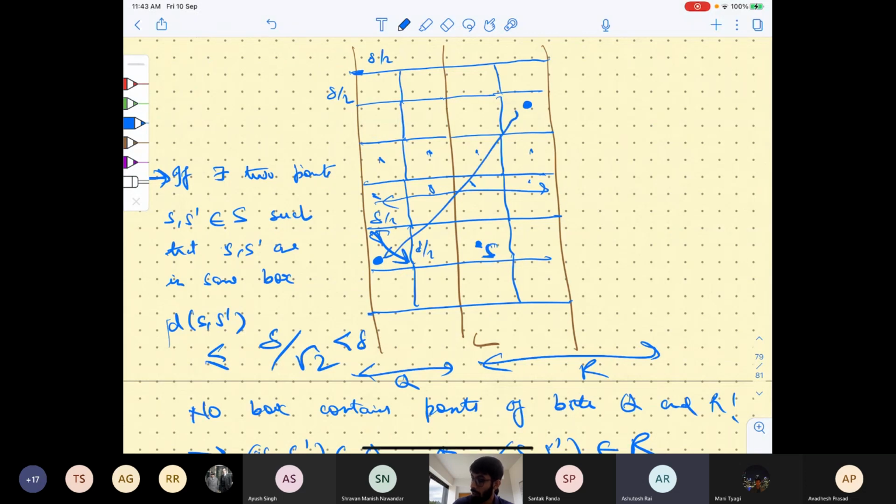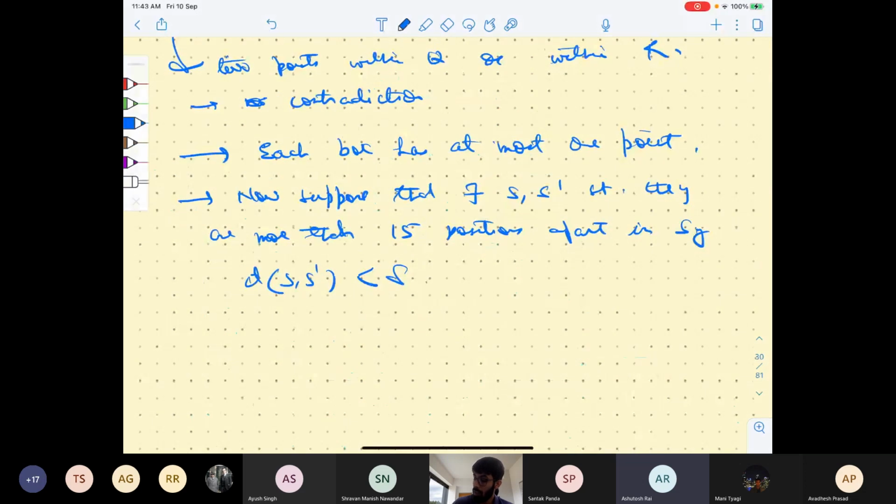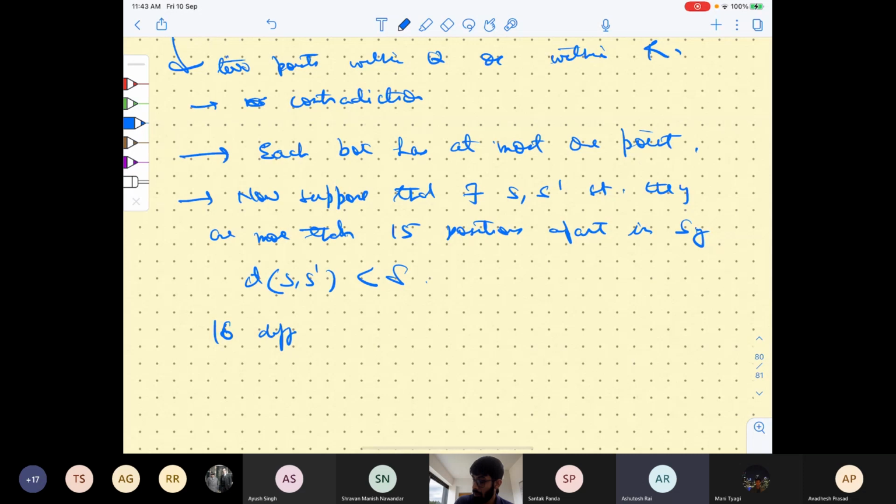At most there are 15 steps: 1, 2, 3, up to 15. So if it is 16, then they have to be at least 3 rows of boxes apart.